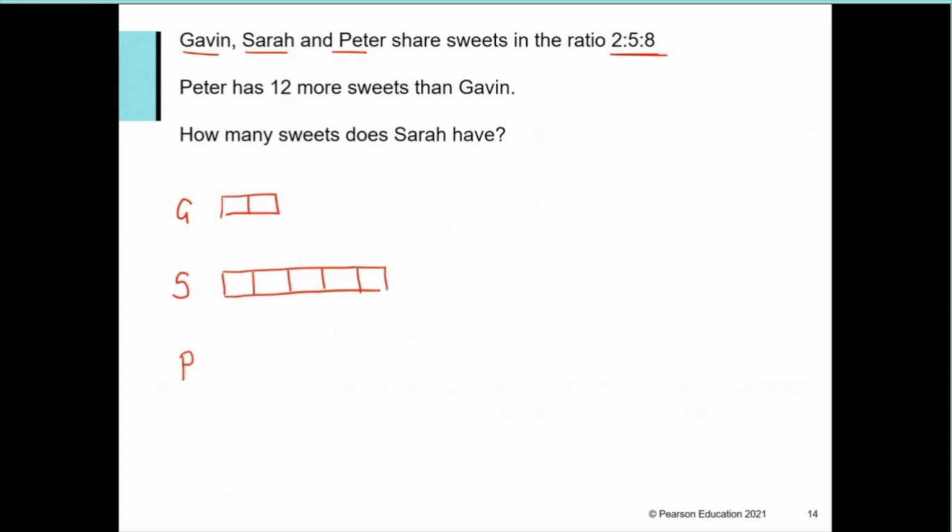So draw the 5. And then we've got the 8. And Peter has 12 more sweets than Gavin.